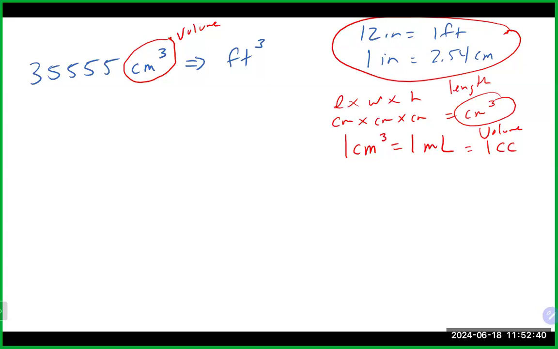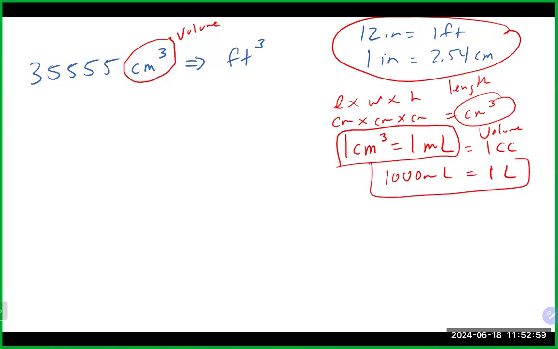So these are all volumes, commonly used in chemistry. Speaking of volumes, 1,000 milliliters is equal to 1 liter. That's also a very common volume conversion.